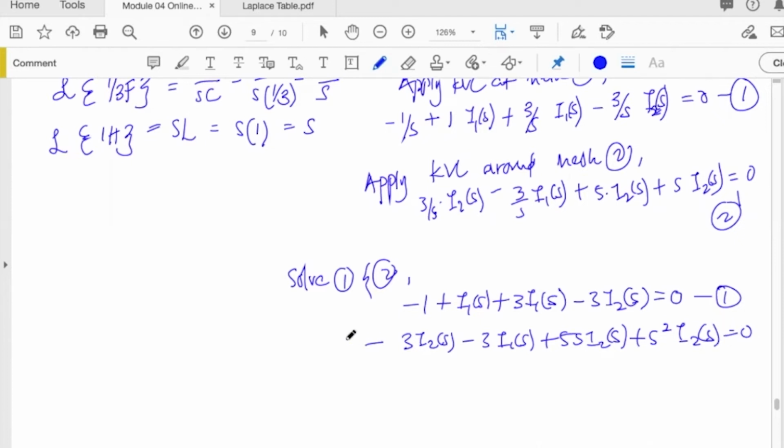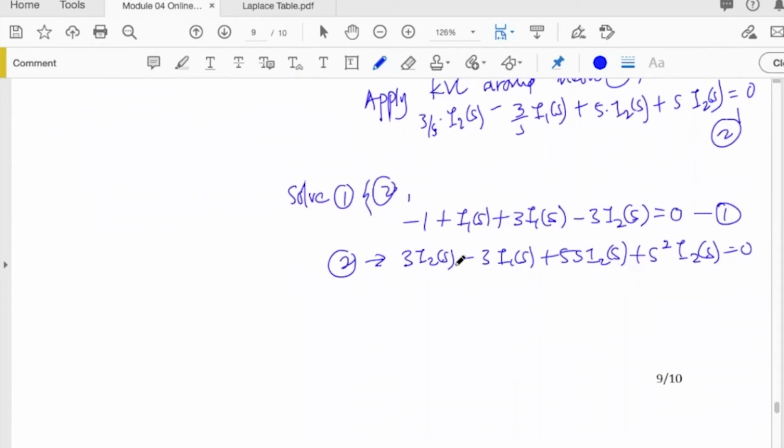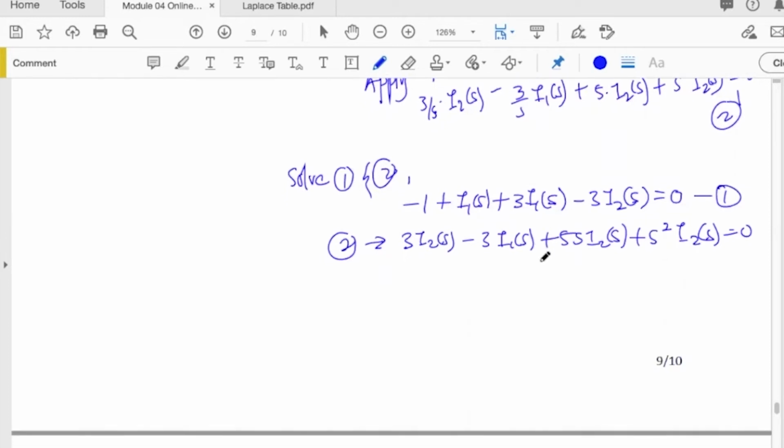That would be your second equation. If you solve equations 1 and 2, remember you have two unknowns, I1 and I2, so you can solve using these two equations.